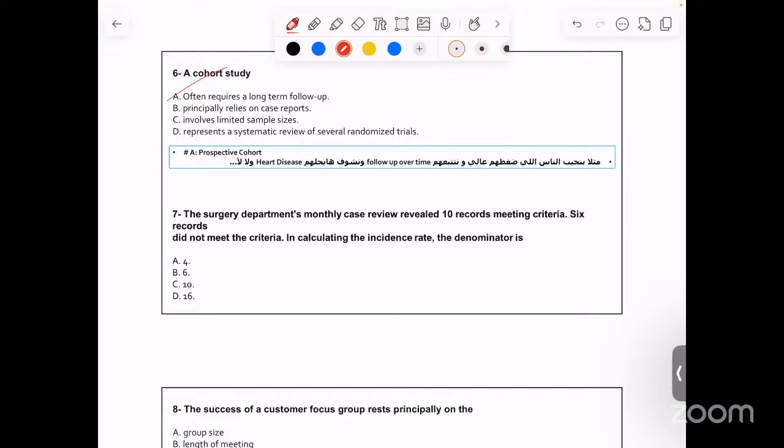Yes, the answer is 16. Very good. Okay, 10 records met the criteria, which are the new cases, plus records that did not meet the criteria. So the denominator is the total number of cases reviewed, which is 10 plus 6 equals 16. That's the correct answer, 16.